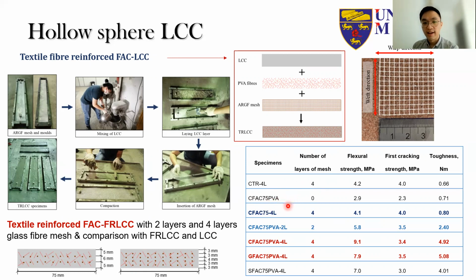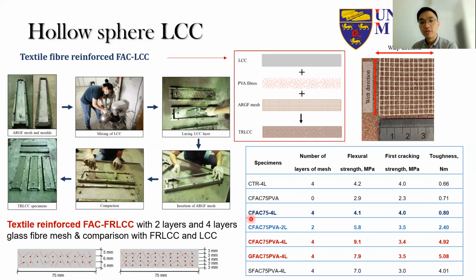So we can see that when we use our fly ash cenosphere LCC, even when we put in this 1% PVA fibers, in terms of ductility, the toughness is similar to the normal textile reinforced mortar.